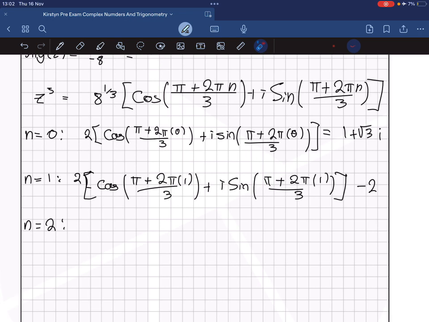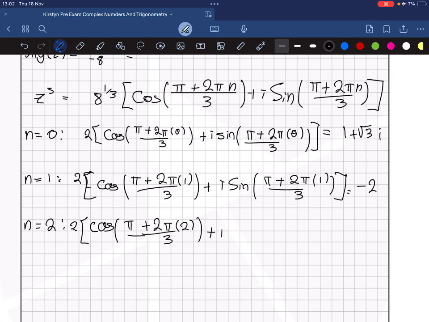So you just have 2 times minus 1, which gives you minus 2. Finally, we just need to do it one more time. So 2 cosine of pi plus 2 pi times 2 over 3, plus i sine, the exact same thing.